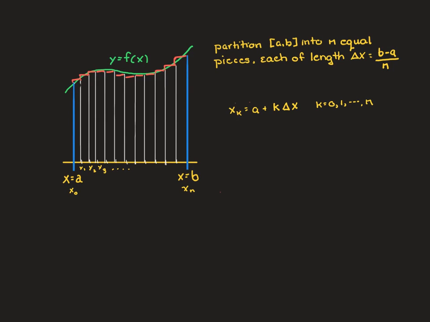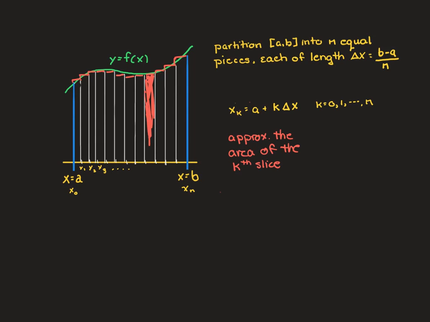So if we want to write down the area, what we want to do is take the slices that we've done and approximate the area of the kth slice. So let me focus on one of these, an arbitrary one, and let's say that's the kth slice.